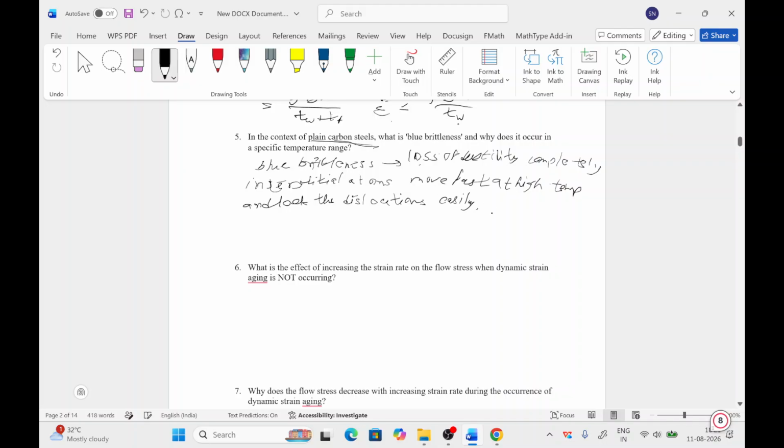So the deformation will be hard. Deformation will be tough for the plain carbon steel because the dislocations are locked by the interstitial atoms.